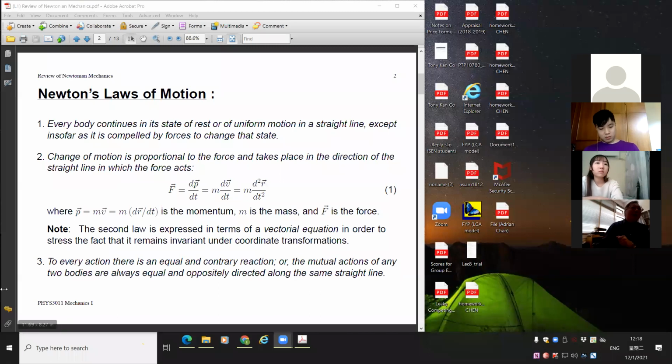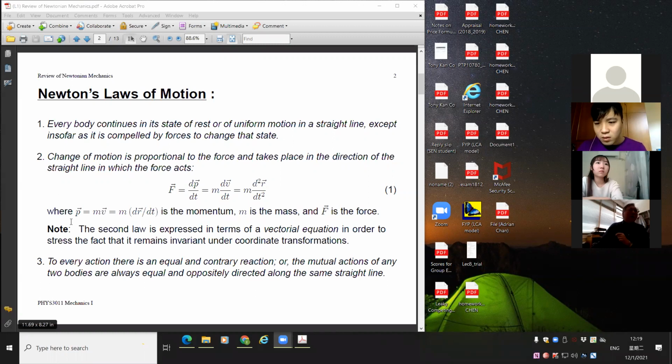Now the second law, that is the law you are most familiar with, the so-called F equal to ma law. The force is equal to m multiplied by acceleration. Of course, force is a vector, so the vector F is equal to m multiplied by the acceleration vector, or the rate of change of the momentum vector.